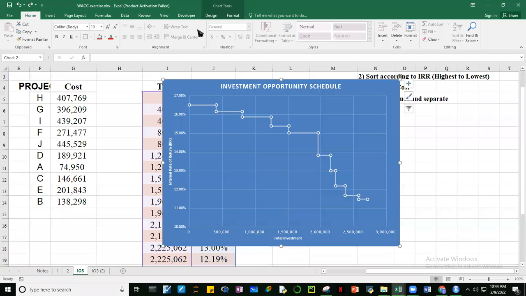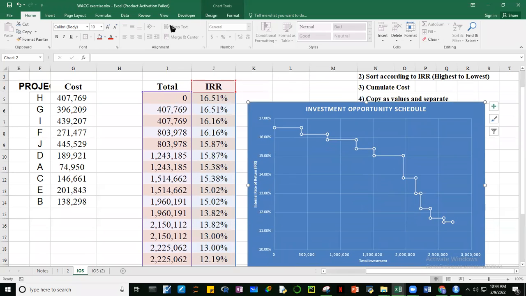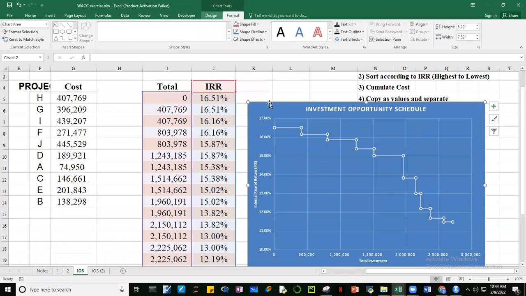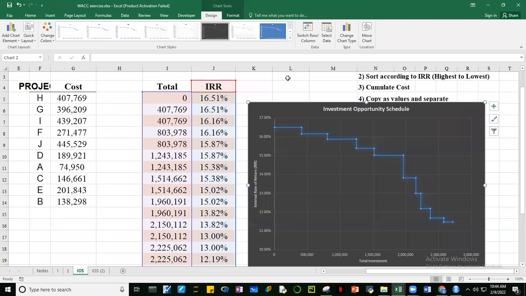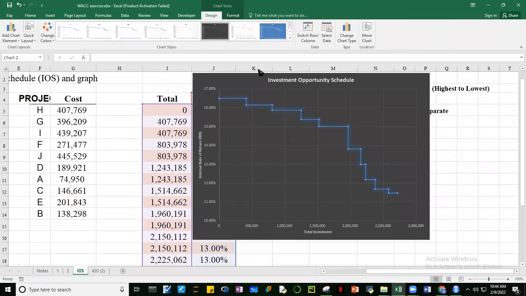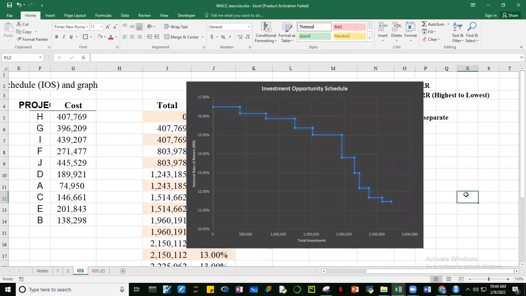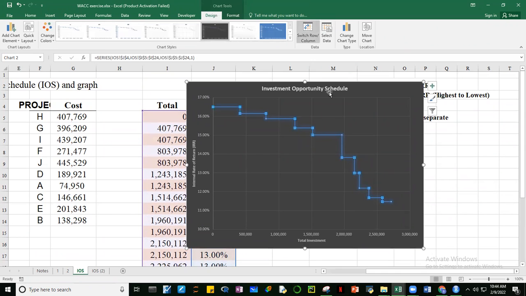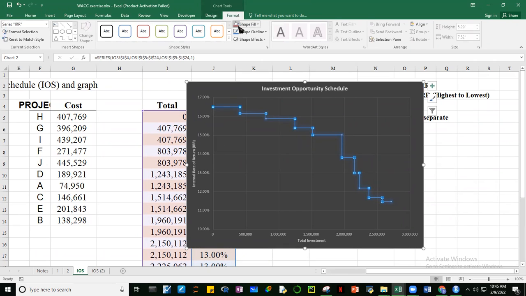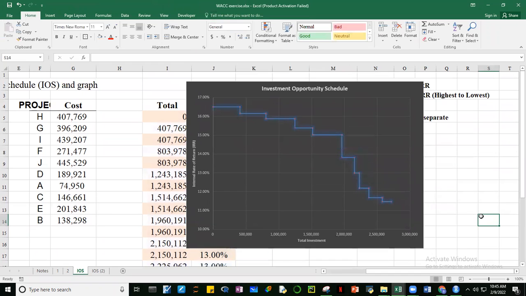Pwede nyo baguhin yung format o yung design. Okay, anyway guys, okay. So, pangit naman.